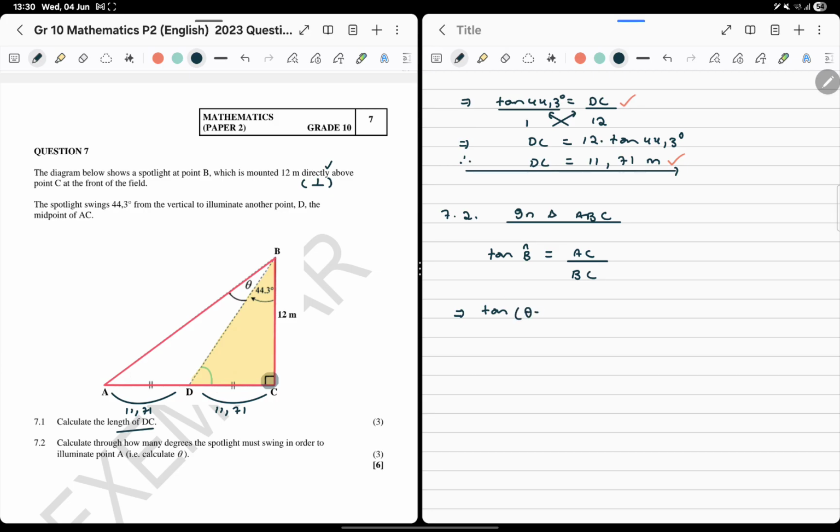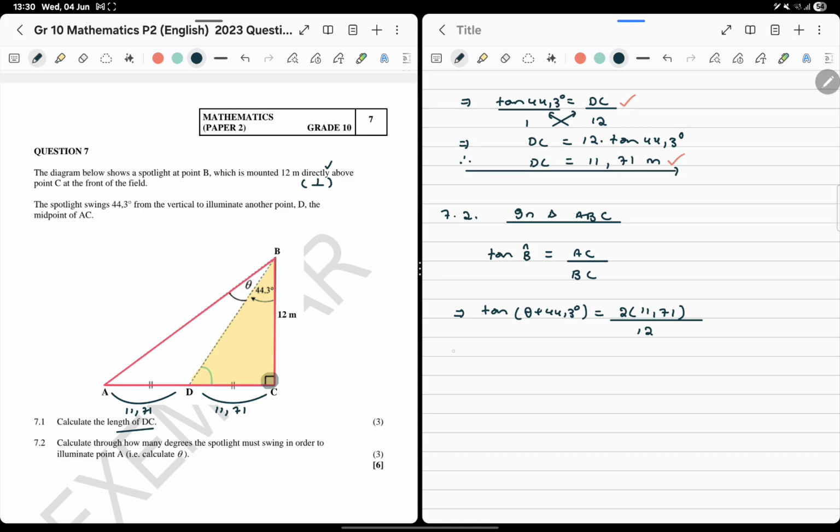Now this is tan of (theta plus 44.3 degrees) equals AC, which is going to be 2 times 11.71, divided by the adjacent side, which is BC, which is 12.